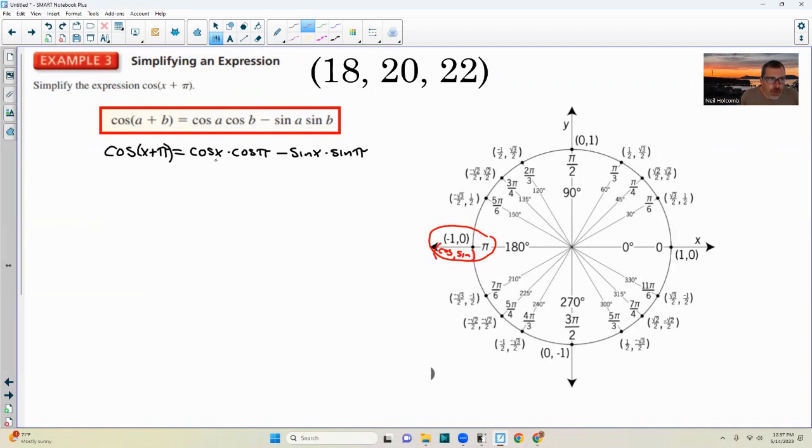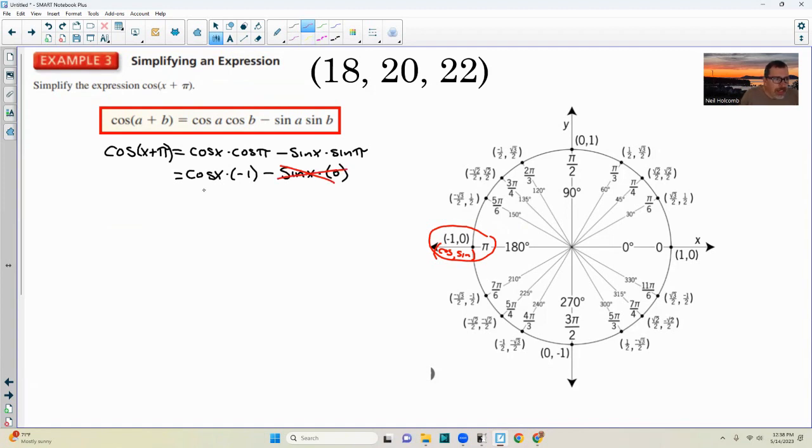Okay, so this is going to simplify to the cosine of some angle x times the cosine of pi, which is -1, minus the sine of some angle x times the sine of pi, which is 0. Okay, so what happens here is the sine of x times 0 is 0.